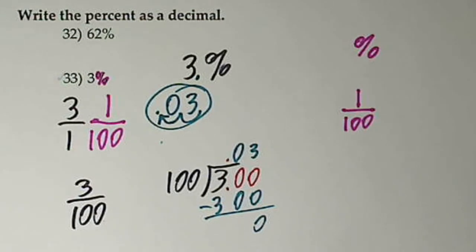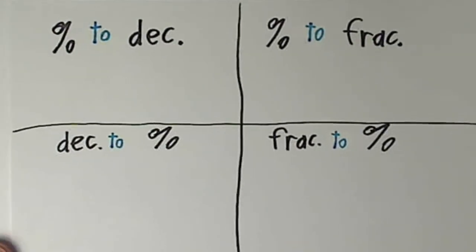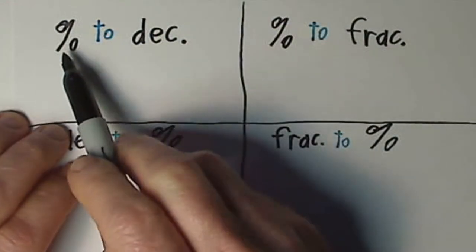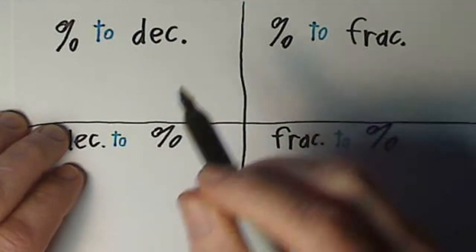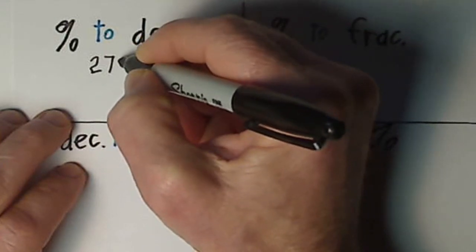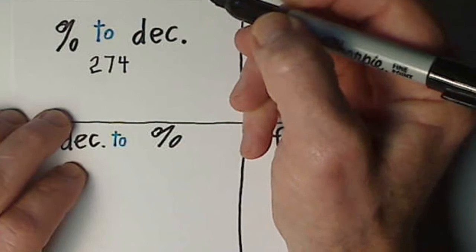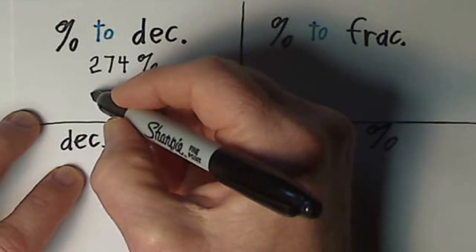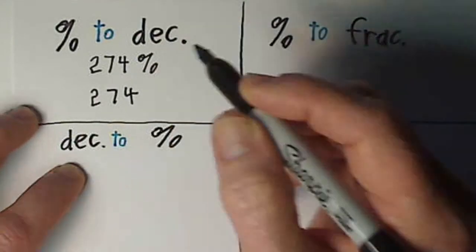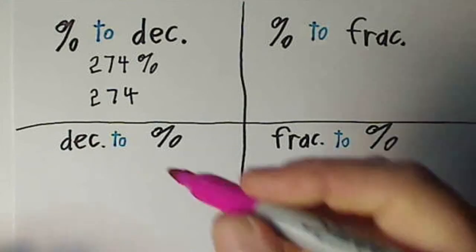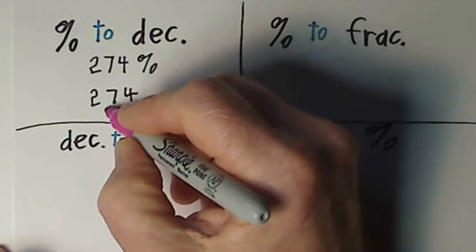So again, let me put this in here. If I'm to change from decimal to percent, I'm sorry, if I'm to change from percent to decimal, if I'm given, let's say, 274%, if I want to write it without this symbol, I simply move the decimal away 2 spaces.